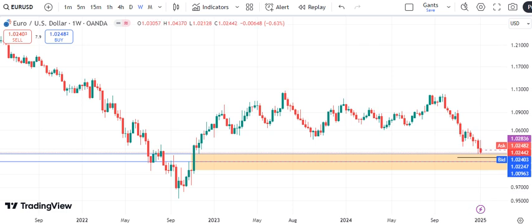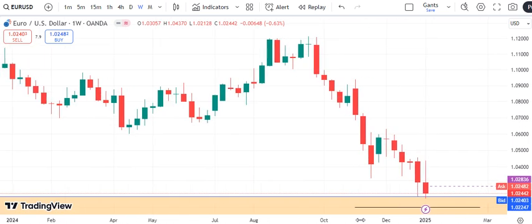I expected it to take out that low. It didn't. Yeah, it did, just by some tips, not really much. You could see what happened Monday, Tuesday. Traded up. It failed to take out last week's high, 2 weeks high, and then we had a sudden decline.